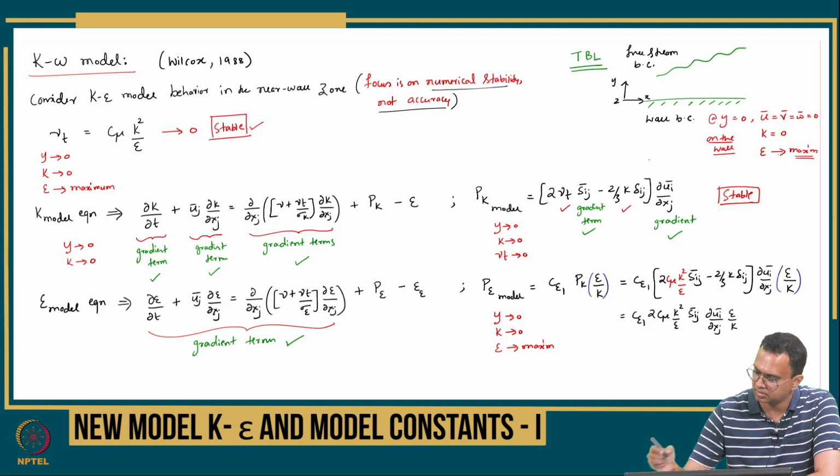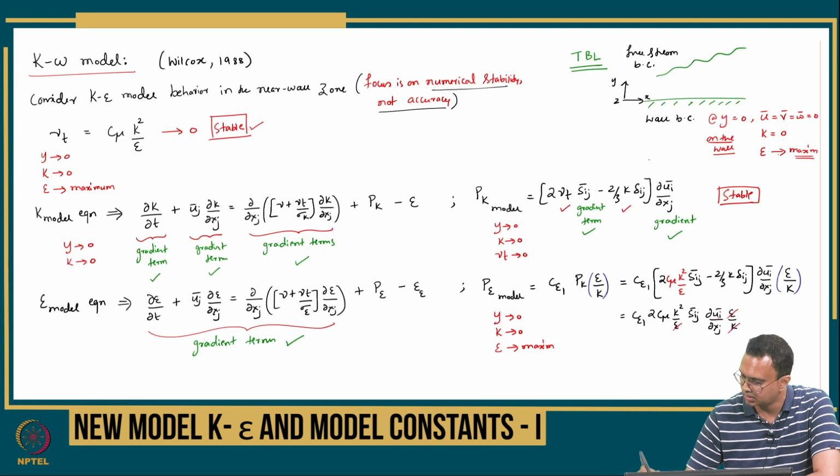Now you see epsilon will cancel out, k will cancel out. Now it has a k dependency. So the divide by k issue which appeared here doesn't exist when you substitute the eddy viscosity here. So if you implement this form, that divide by 0 error blowing up will not occur in the code.